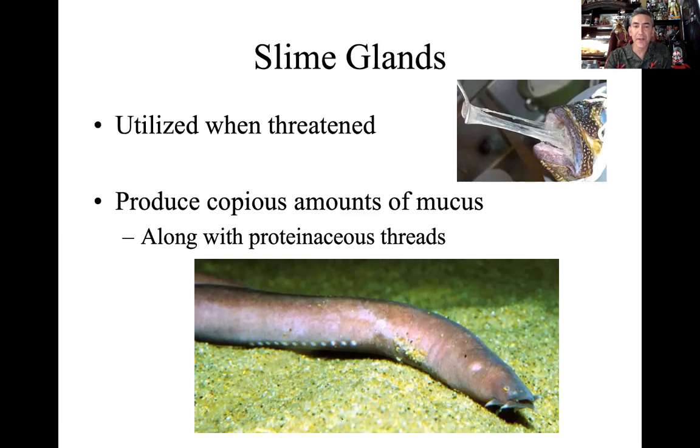Anytime they're threatened, if they're attacked by a fish, by a predator, they release this slime, and you can imagine biting into spider web, like super glue, right? It starts to affect the way that you can function, the way that your jaws work. So it's a clever defense for what seems like a defenseless type of fish here.